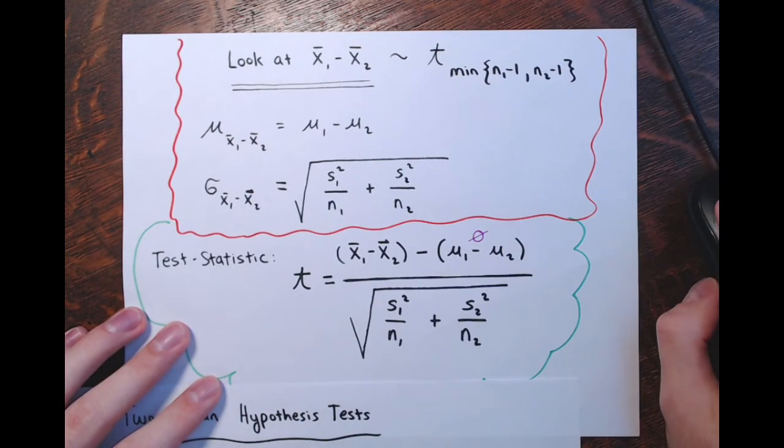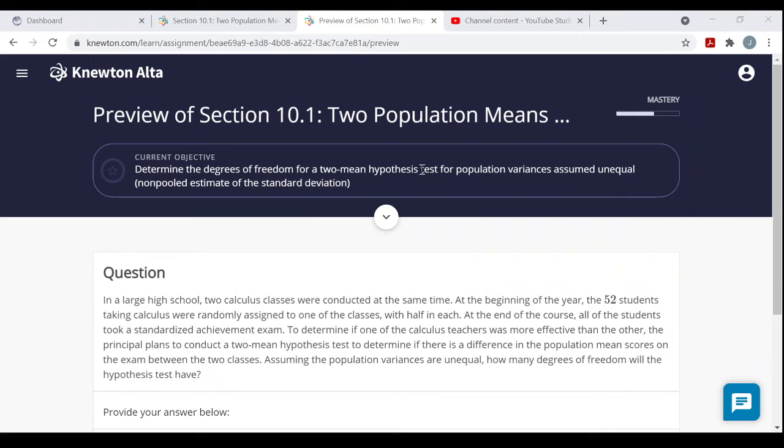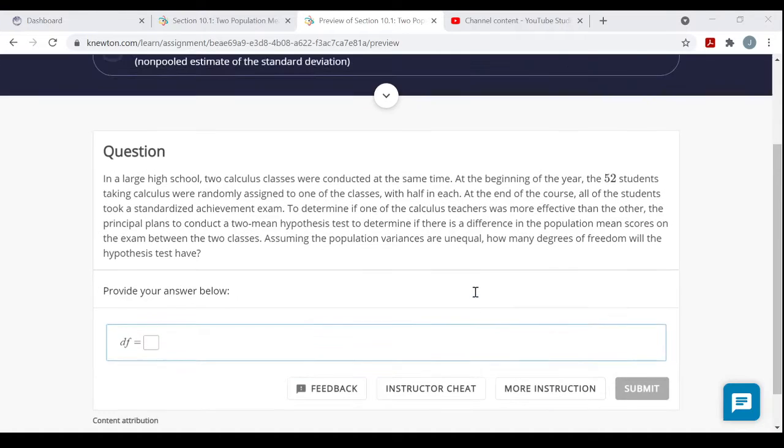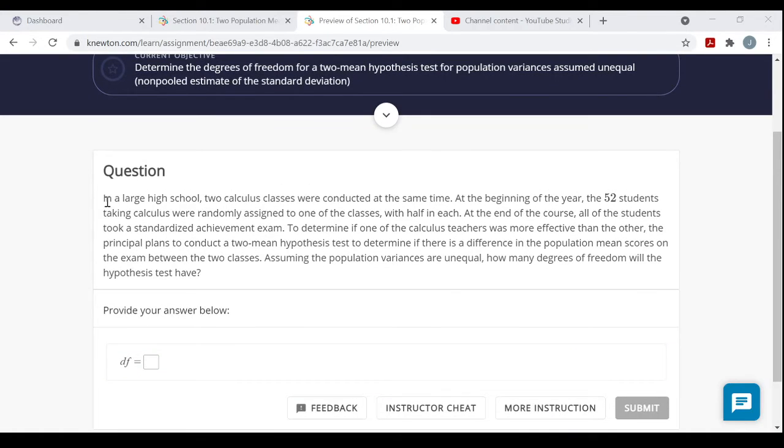For this problem, if you want to read more about how they're doing things, click on More Instruction and look at their videos, notes, and examples. But let's read through this one. In a large high school, 2 calculus classes were conducted at the same time. At the beginning of the year, the 52 students taking calculus were randomly assigned to one of the classes, with half in each.